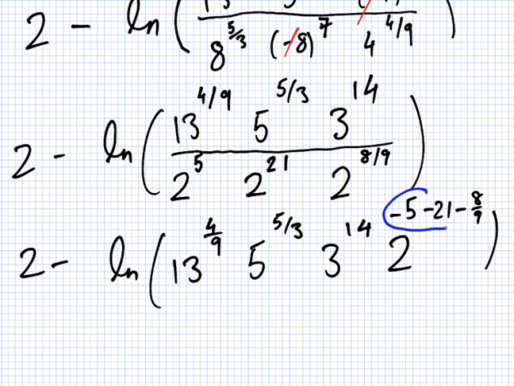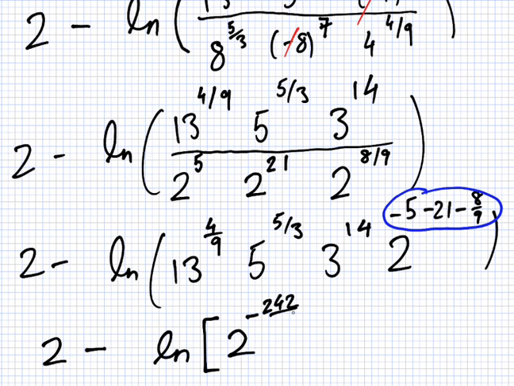These 2s? Minus 242 over 9. So 2 power minus 242 over 9 times 3 power 14 times 5 power 5 over 3 times 13 power 4 over 9.